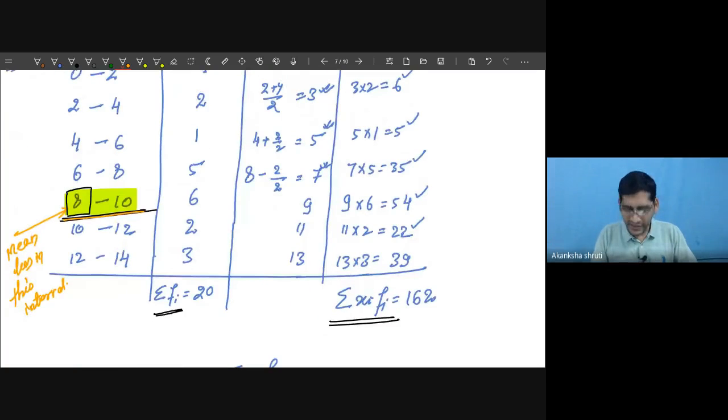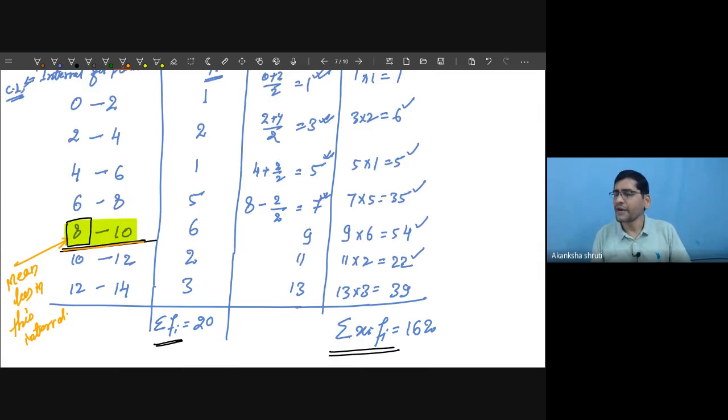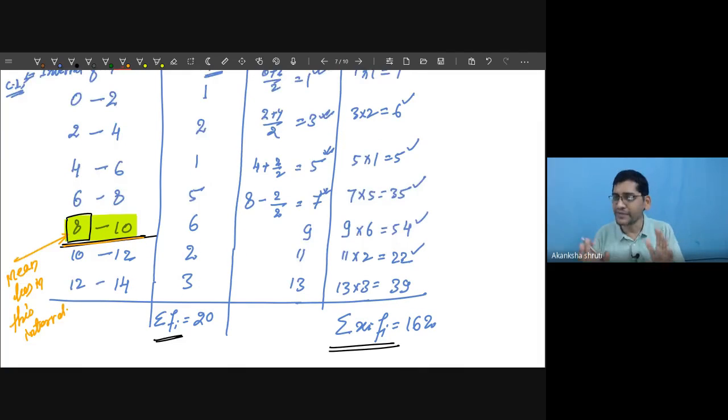So in the new method or assumed mean method, we consider one of the class intervals. You are free to choose any of the class intervals. Means you are free to choose 10 to 12 also, or 4 to 6 also, or 2 to 4 also. But in general, we choose the class interval which is in the middle. So very first one is in this new method or assumed mean method.